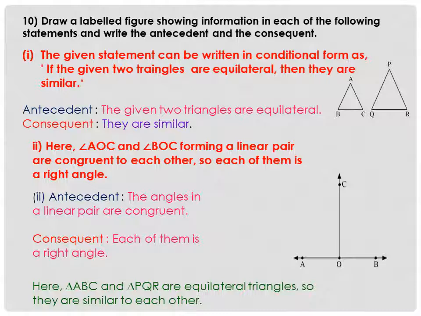Here you may write angle AOC congruent to angle BOC, according to the diagram. What is the consequent? Each of them is a right angle. Means every angle is a right angle. Then you want to write angle AOC equal to angle BOC equal to 90 degrees.